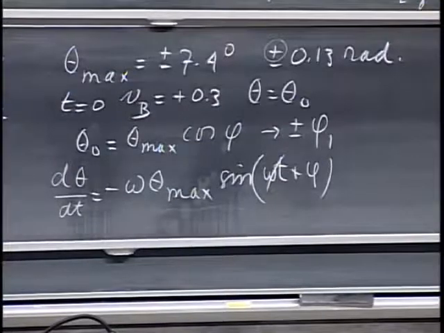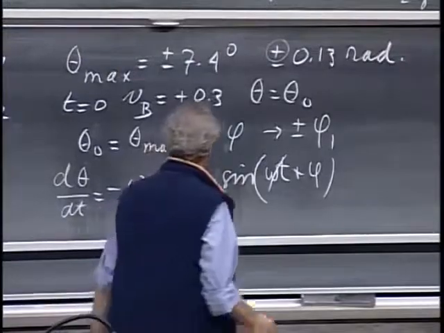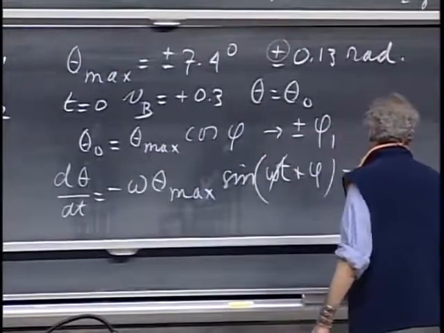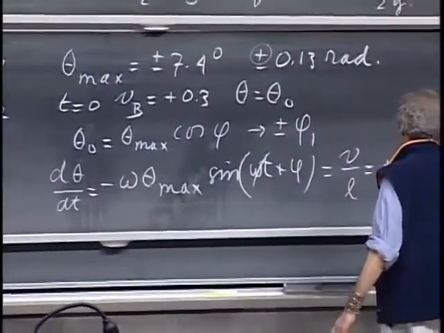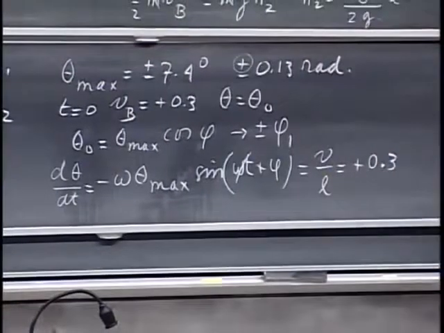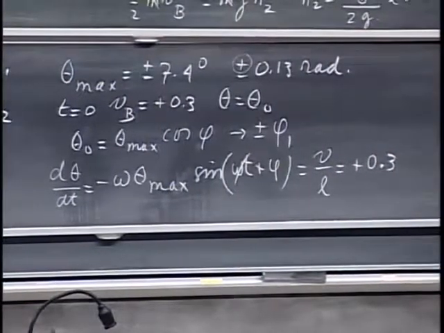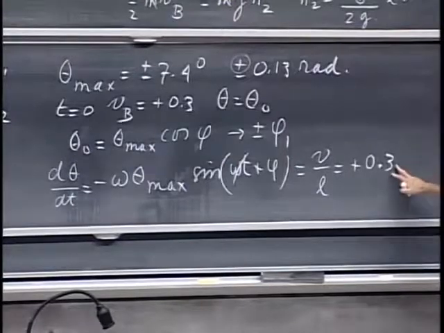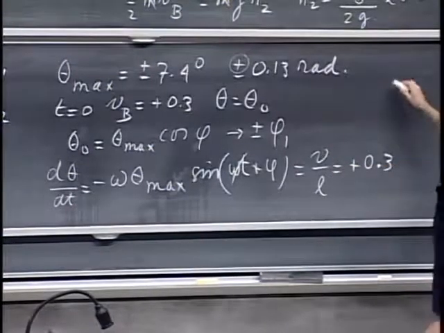What is d theta dt? Well, d theta dt is v divided by L, and is therefore plus 0.3. This is plus because at t equals 0, the angle is increasing. So it is plus.